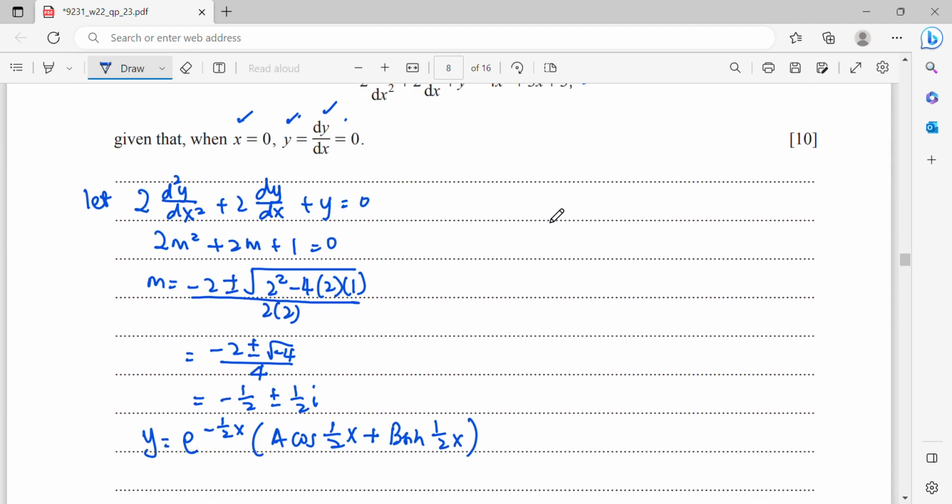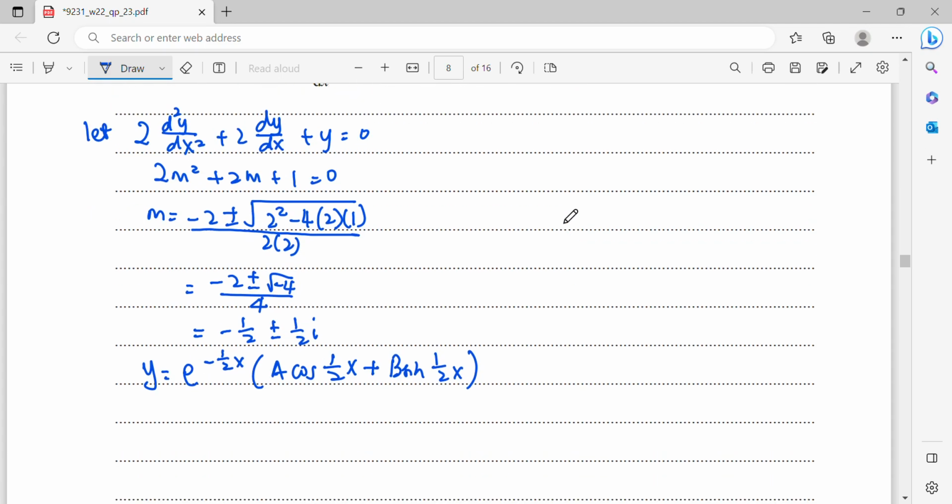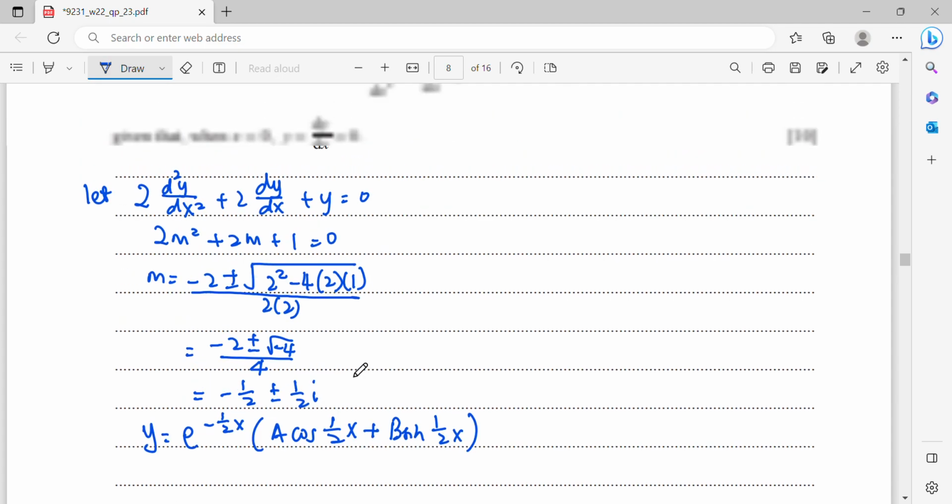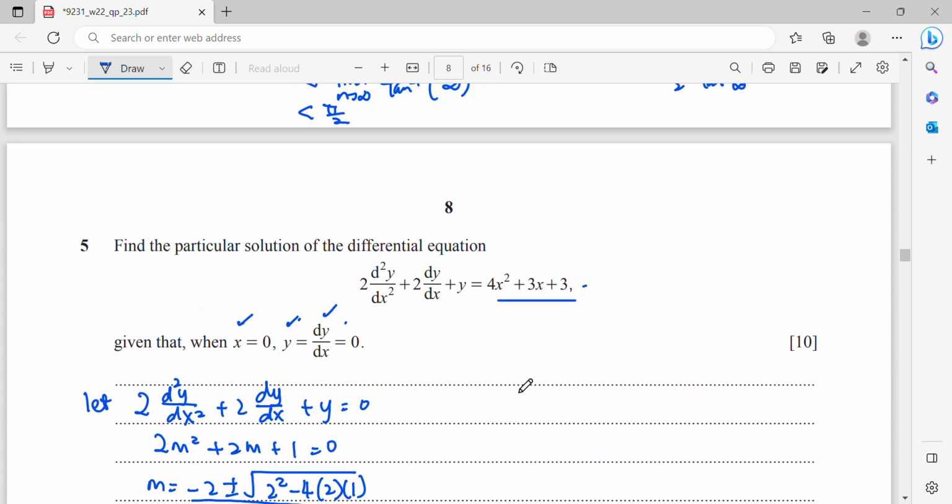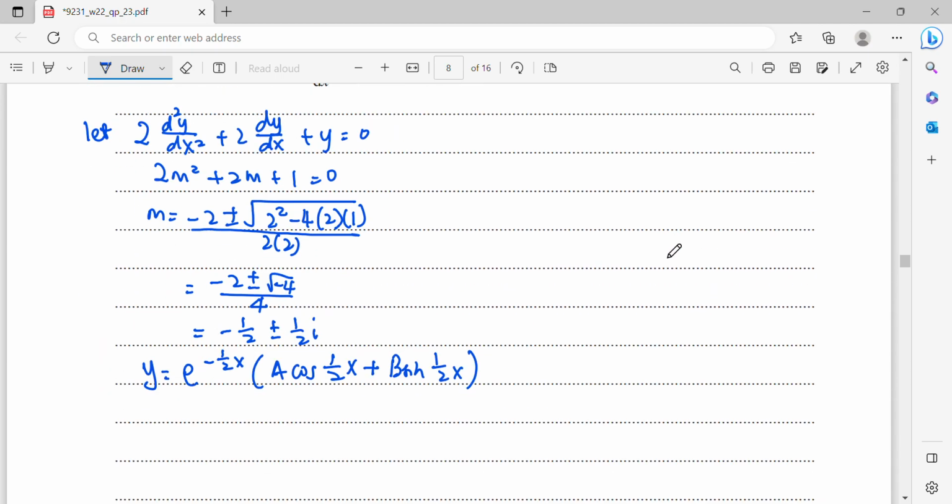So what to do next is we need to get the particular integral by looking at the right hand side. Since this is a quadratic, I will start with a trial solution of quadratic in terms of p, q, r. So let y equals px squared plus qx plus r.